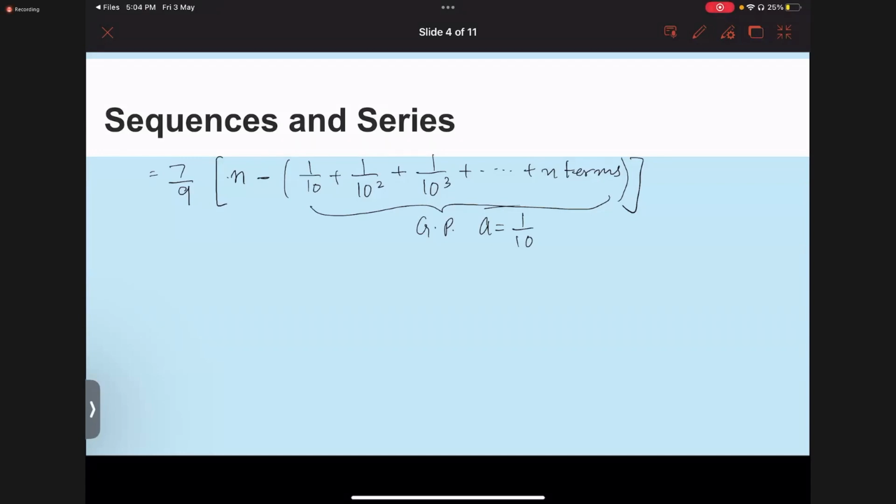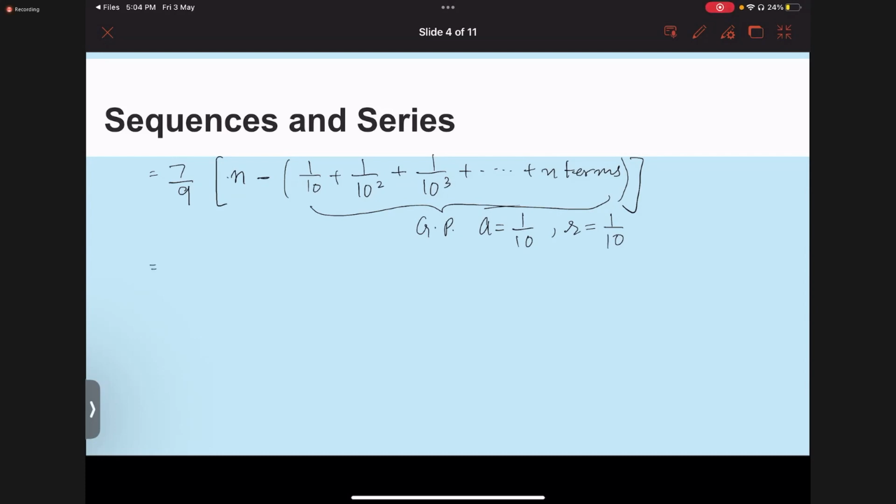So over here, your a becomes 1/10, and you can see that your r is also 1/10, because if you multiply 1/10 into 1/10, you will get 1/10 squared. Then 1/10 squared multiplied by 1/10, you will have 1/10 cubed. So your r also becomes 1/10.